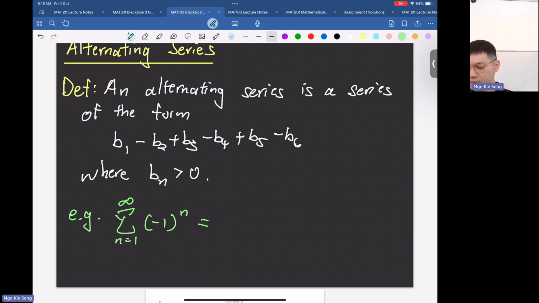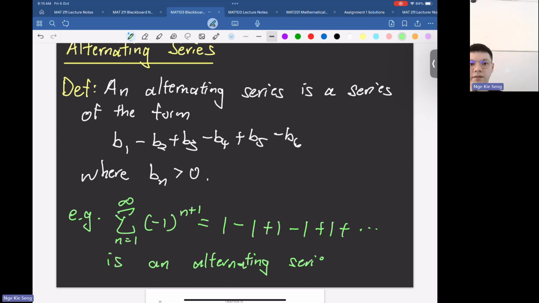So to make it the same, maybe we take minus 1 to the n plus 1. So we'll have 1 minus 1 plus 1 minus 1 plus 1. Correct or not? That's all.